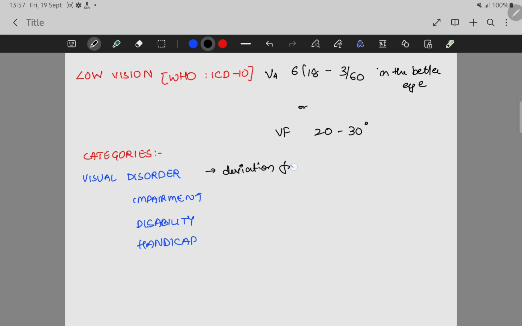Impairment is reduction of visual function which results from this disorder. So this is impairment of vision, that is visual function.